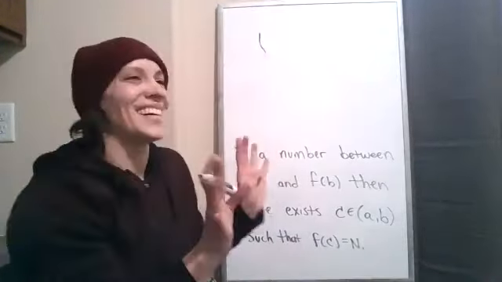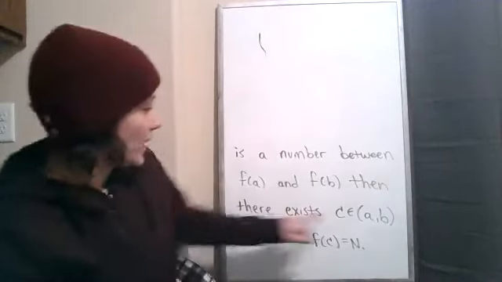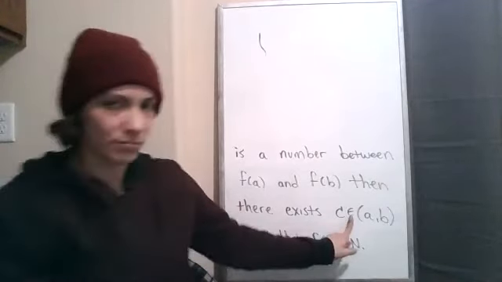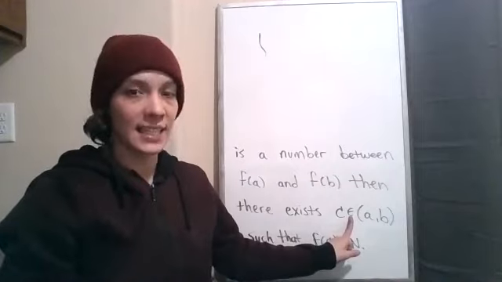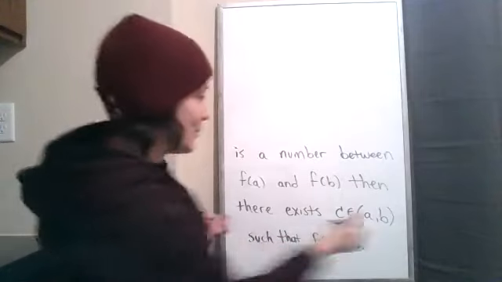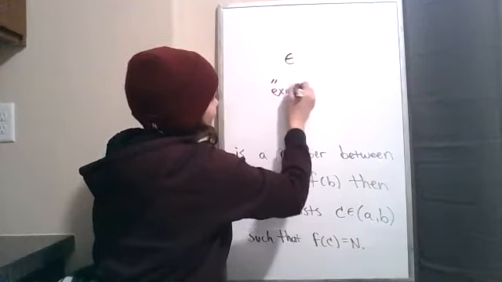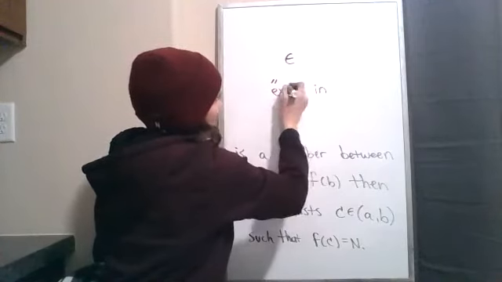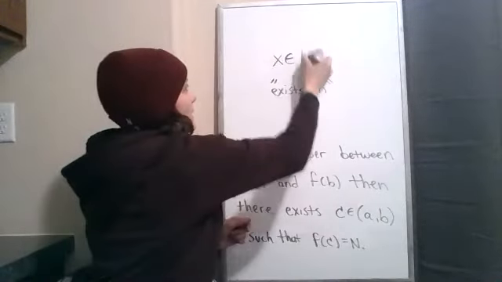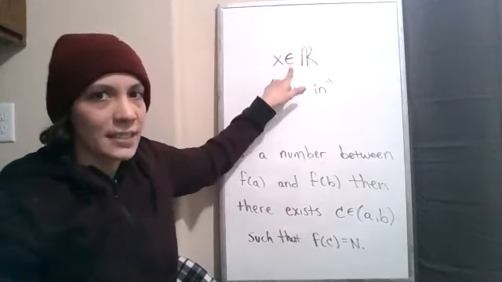Professor, what does that say next to parentheses a, b? Oh, this says "exists." I got startled. So if I put x exists in R, it means x exists in the real numbers.